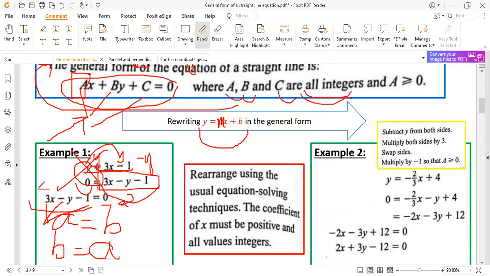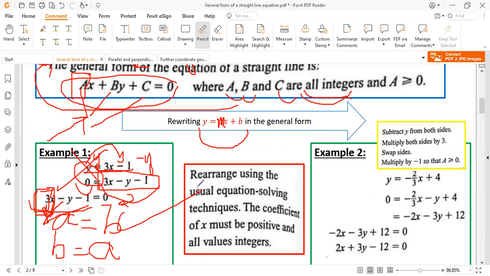And we should keep in mind that the coefficient of the term in x should be positive. 3 is positive. So in this way, we get finally the general form of the equation y equal to 3x minus 1.